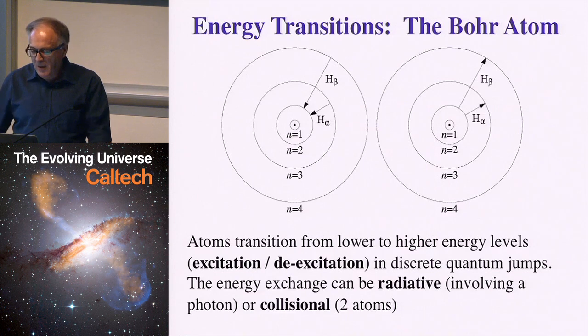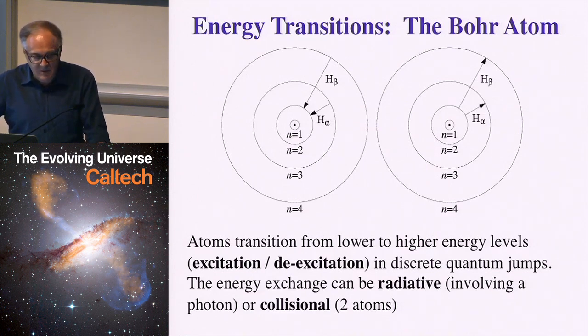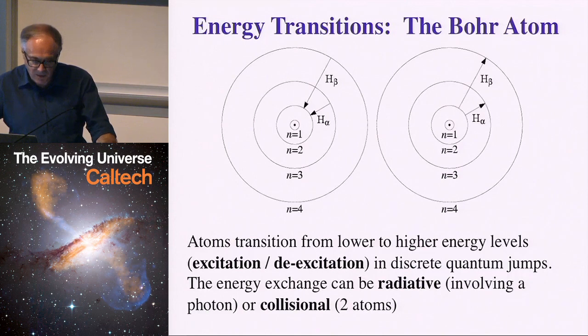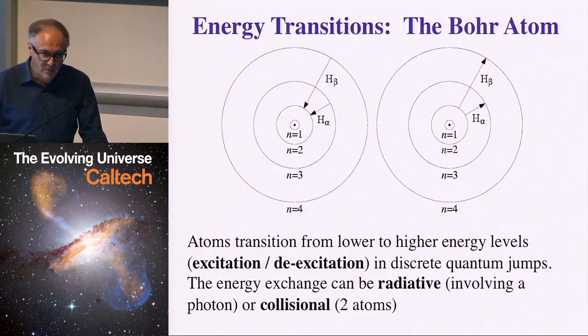So how do electrons go between different states? They can gain or lose energy in one of two ways. Either they can get photo-excited, that is, absorb a photon and climb to a higher energy level, or de-excited and go down, or they can be collisionally excited or de-excited, where mechanical collisions of atoms can transfer kinetic energy and bump electrons from one level to another.